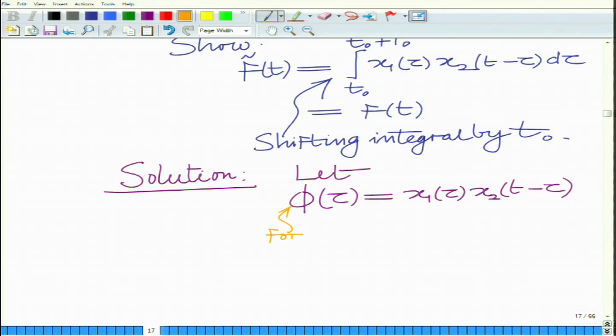Let us subscript this by t to show the dependence also on t for given t.